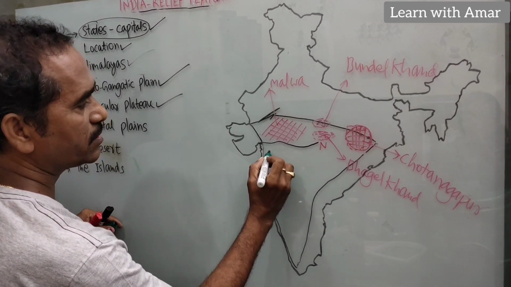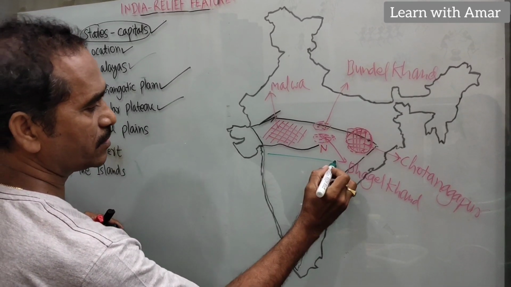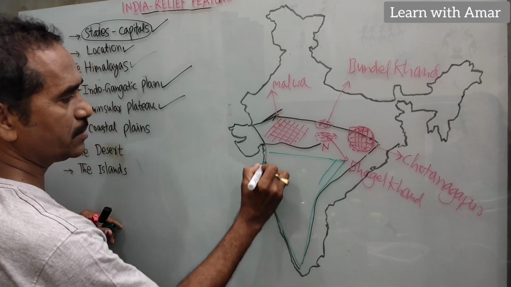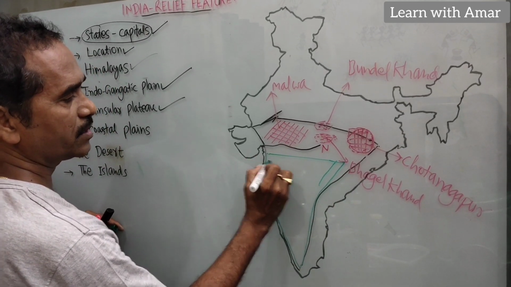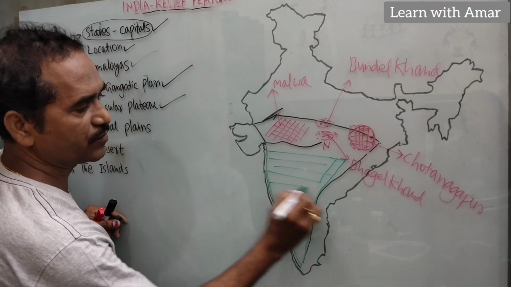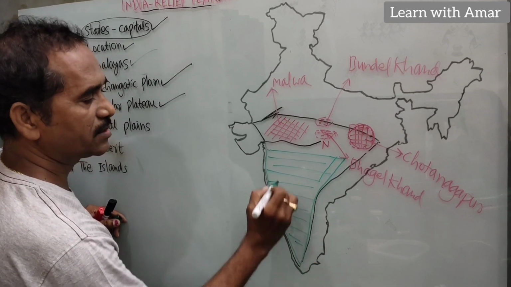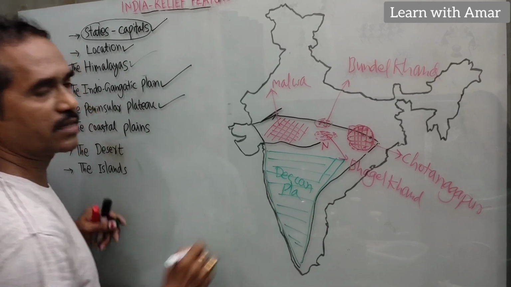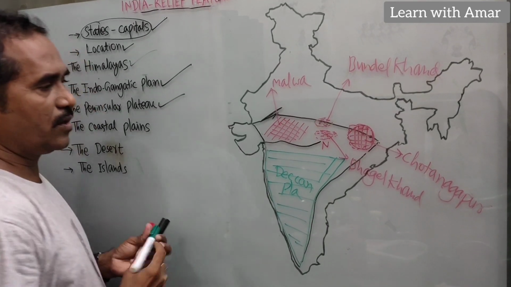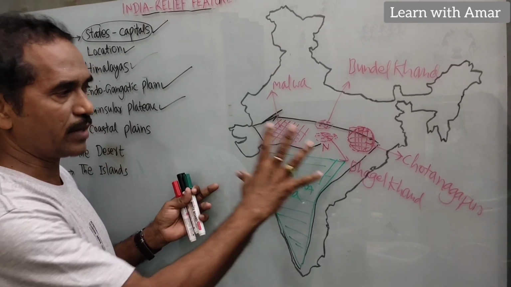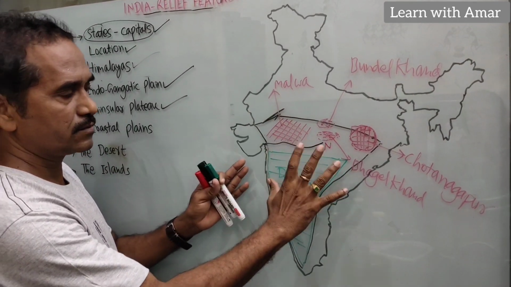Below the Narmada river, this one is called the Deccan Plateau. A triangle-shaped plateau, the Deccan Plateau. In the exam they ask you, you fill all this, no need to draw only the lines, and write the name Deccan Plateau like this. Okay. So we completed the names of plateaus in the peninsular plateau.